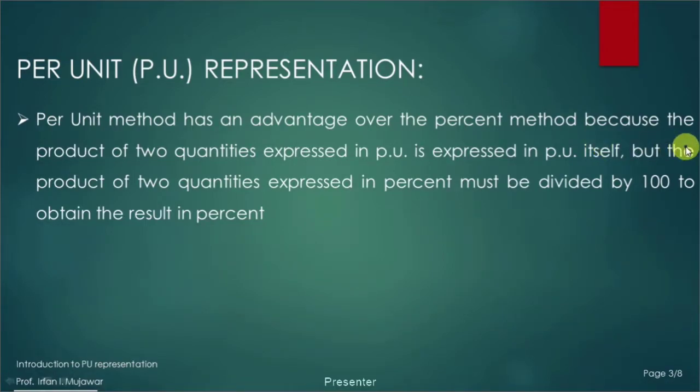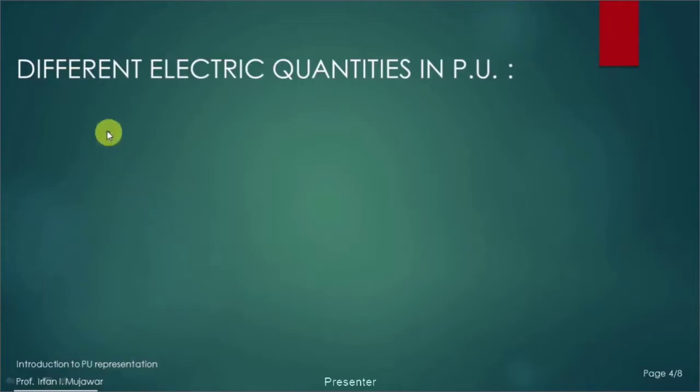Whereas if same thing when we do in percentage, then answer must be divided by 100 to get the final result. Again taking same example, 30% into 40% will be equal to 1200, that is you have to divide by 100 to get 12%.